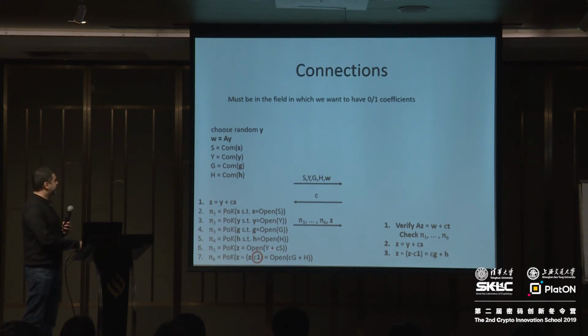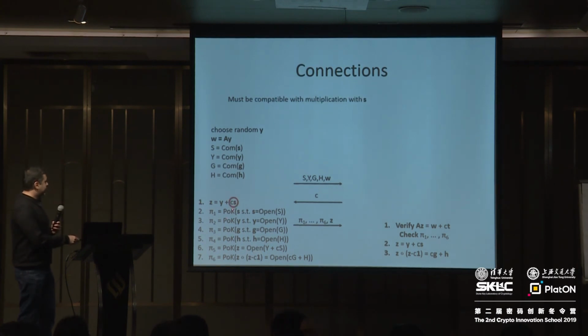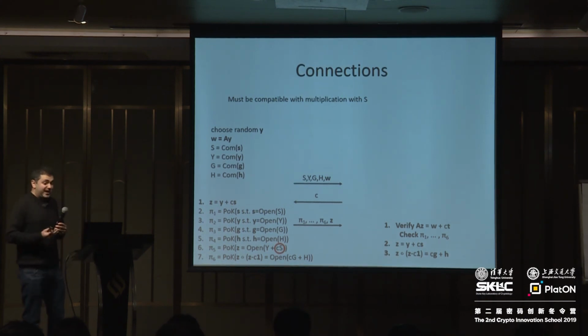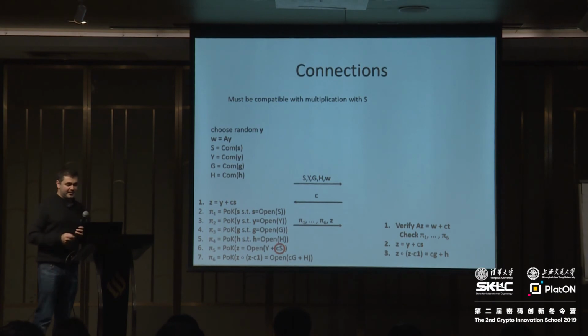Here it must be in the field in which we want to have 0 coefficients, because we add it to the z. Then here it must be compatible with multiplication with s, so it needs this algebraic structure. And then it also has to be compatible with multiplication by the commitments. So the field of the commitment, the field of s, and this product have to be the same field.